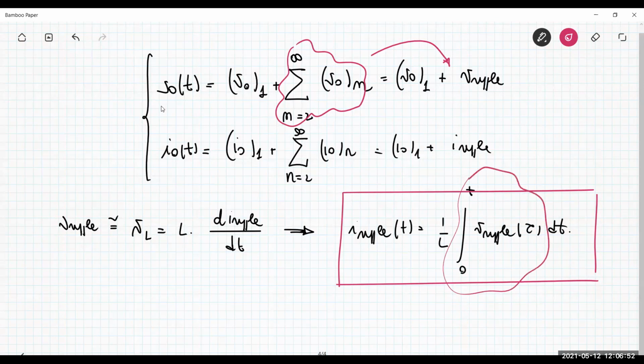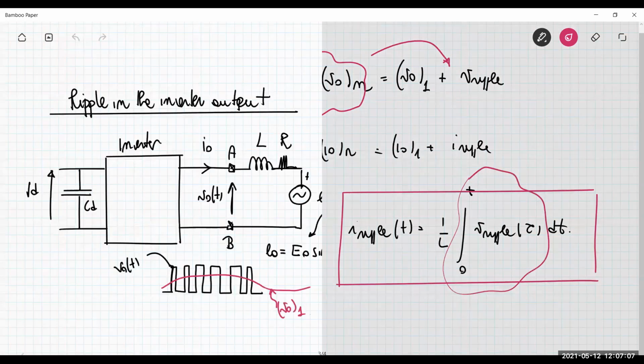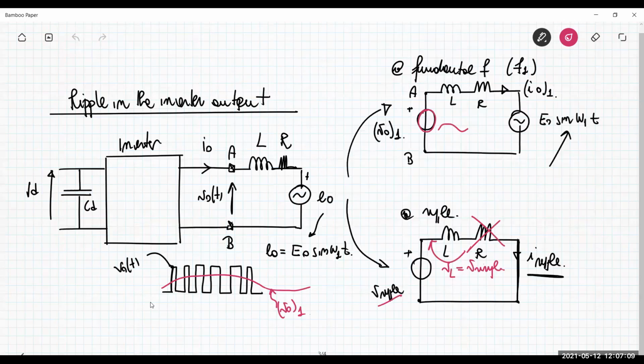So it depends on the area in the time domain waveform of the ripple voltage, looking at the difference between the black curve and the red curve. The difference between the total instantaneous voltage and the fundamental frequency component of the same voltage is the ripple.